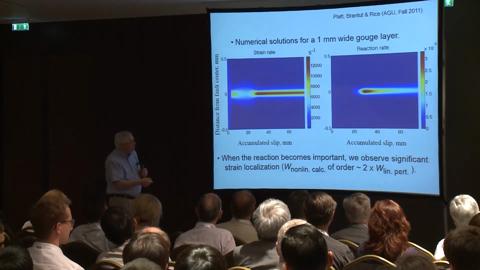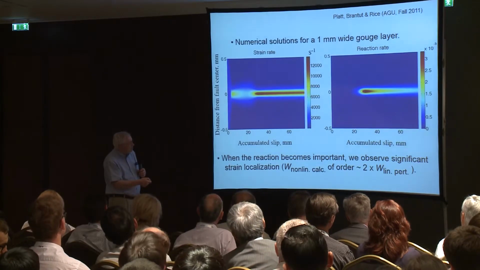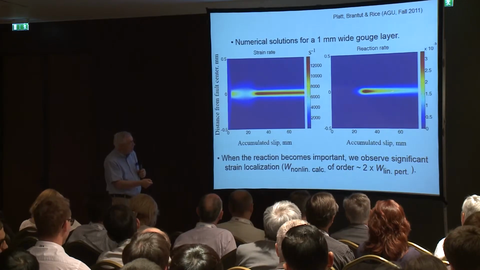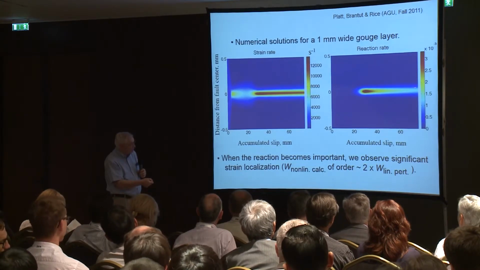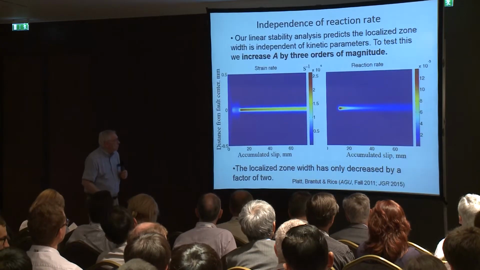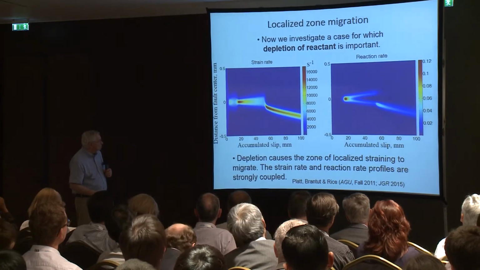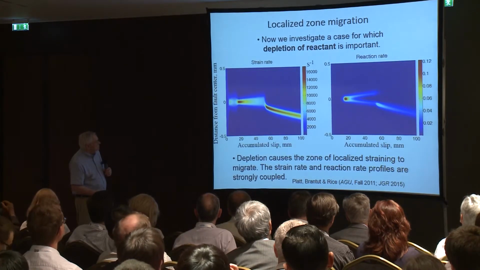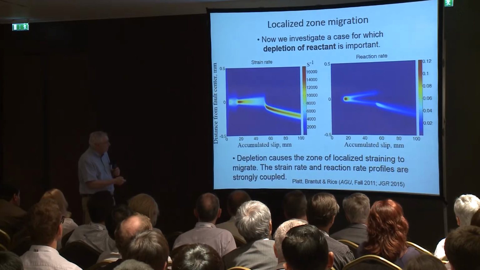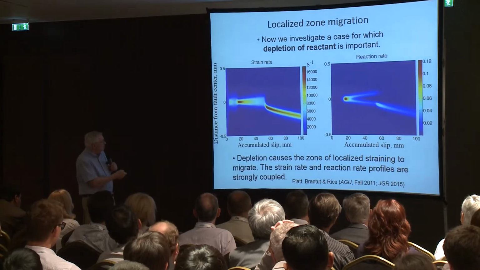And the reaction rate, basically once the reaction starts, things weaken fast, but then ultimately you deplete the reactants, and then the effect of all of that is somewhat attenuated. But that's the way we've been able to model things, and there are some interesting things, like once you deplete reactant, the fault shows that it has some cleverness.